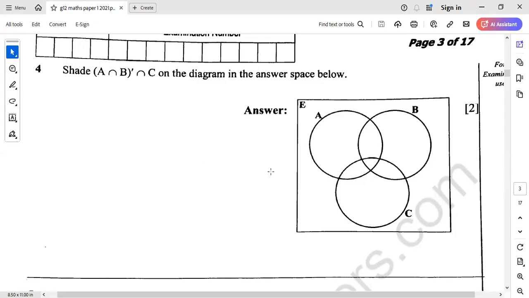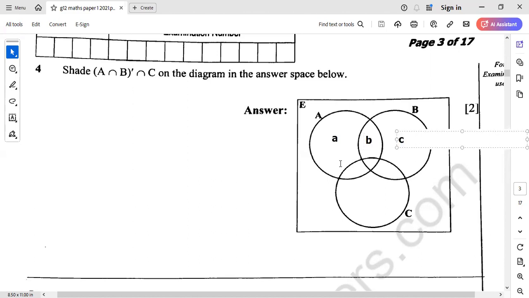Now, what shall we do? It's very simple. Let's put letters in each of these regions, so make sure that you know what each of these regions represents. Let's put an A there. Let's put a B there.